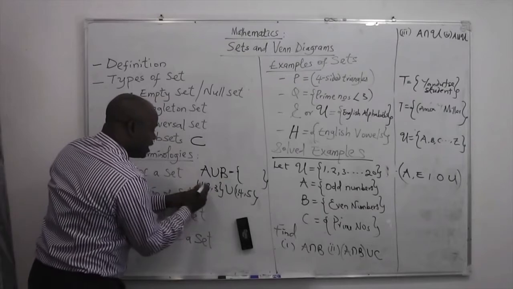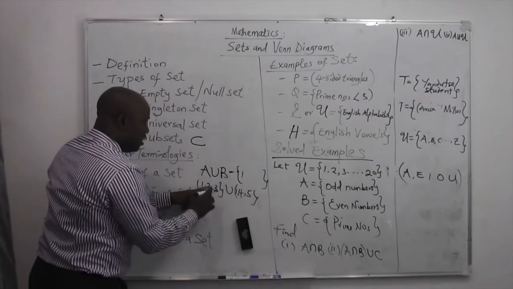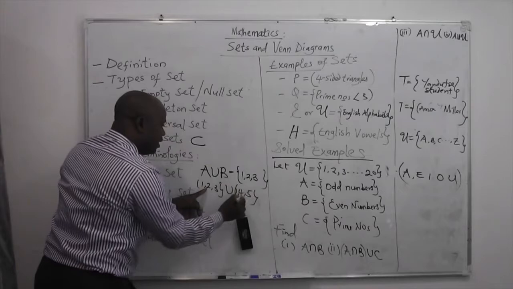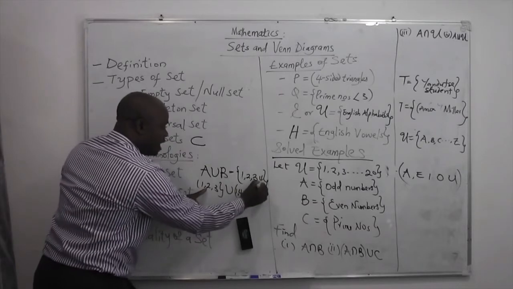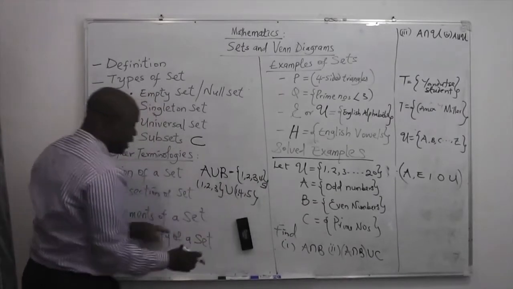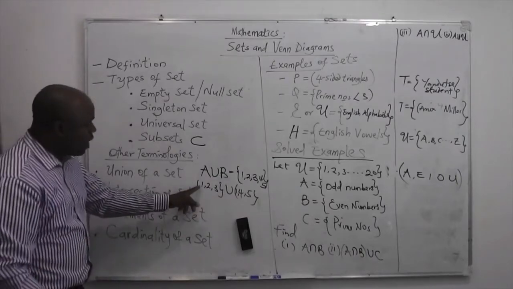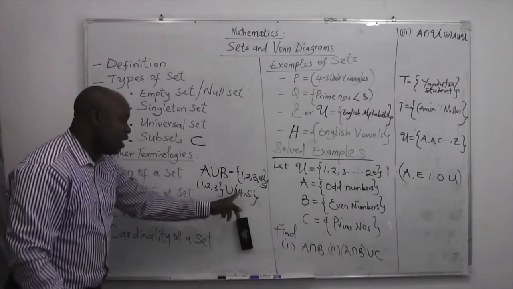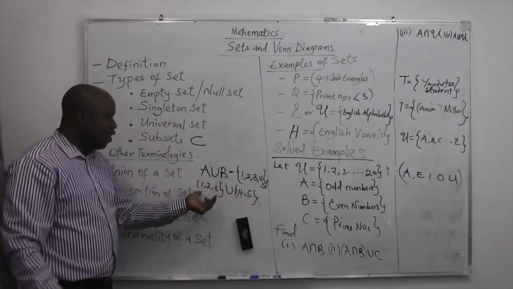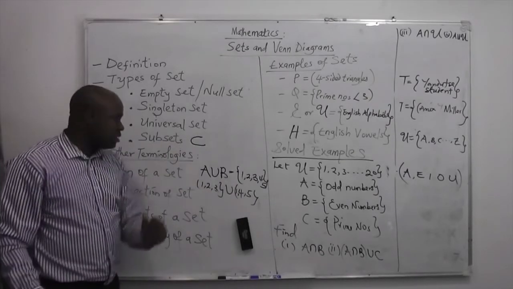There's 1 here, there's 1 here, we pick it once. We have 2, we have 3, we have 4, together with 5. So we have 1, 2, 3, 4, 5. We are not going to write 1 again because it's already captured from A or from B once and for all.